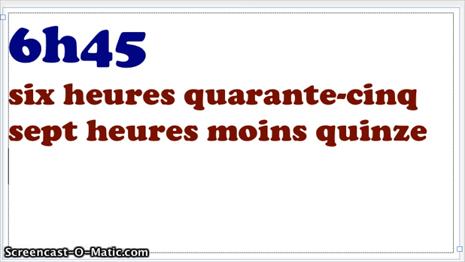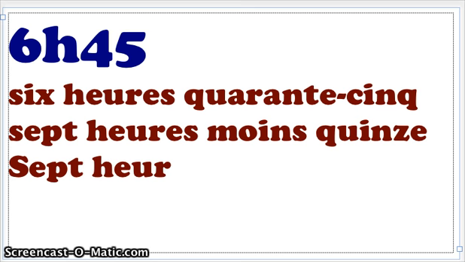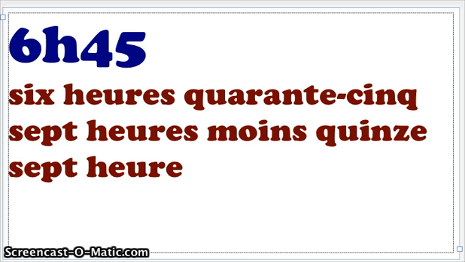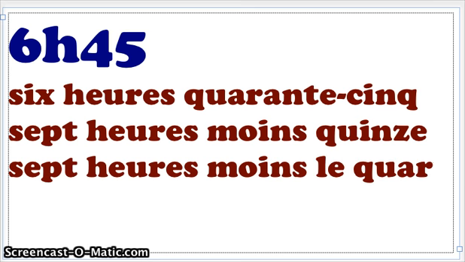Or sometimes we'll say in English, it's a quarter till 7. Well, in French, you have an expression where you can say a quarter till, and that would be 7 heures moins le quart. 7 hours minus the quarter.